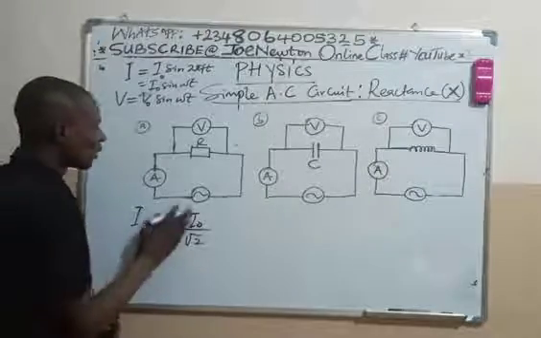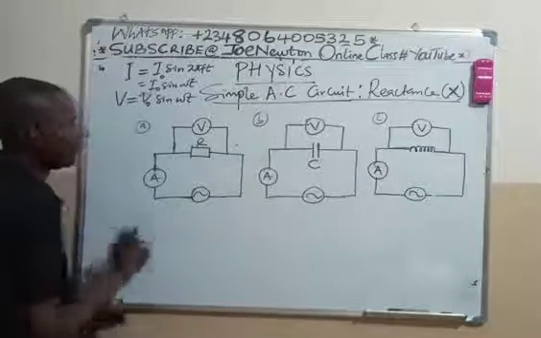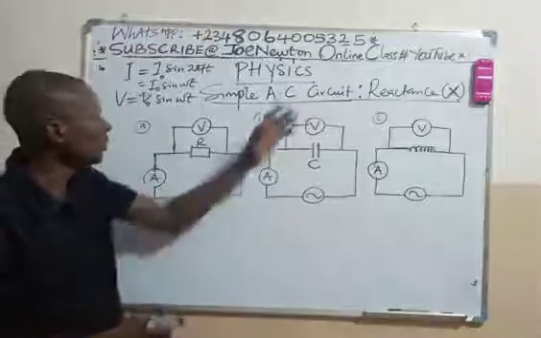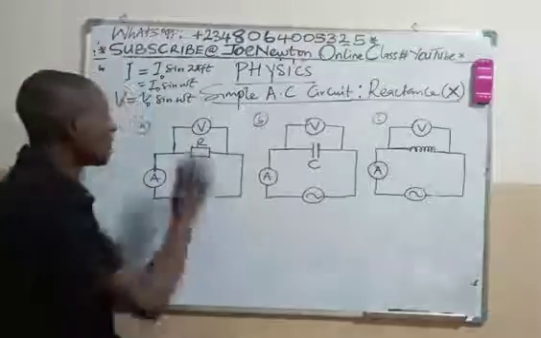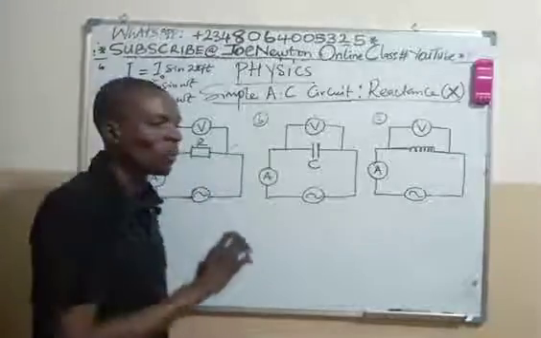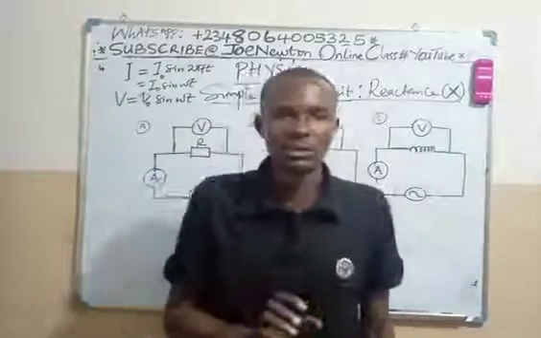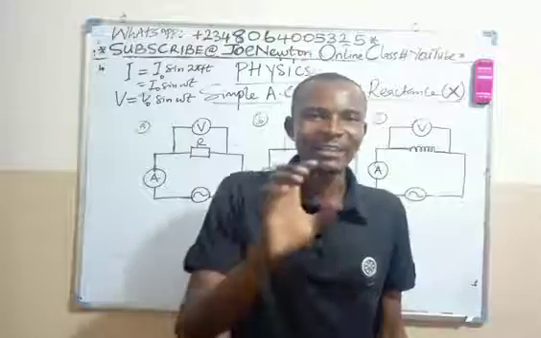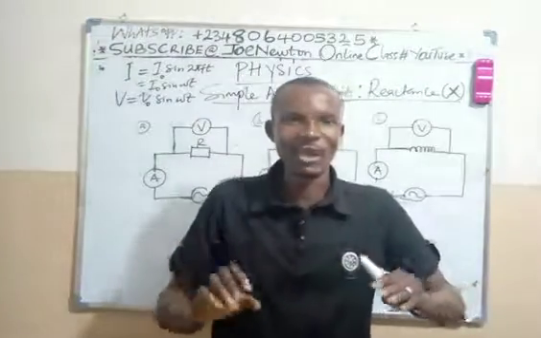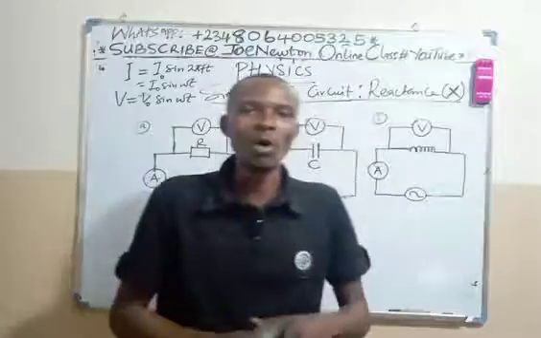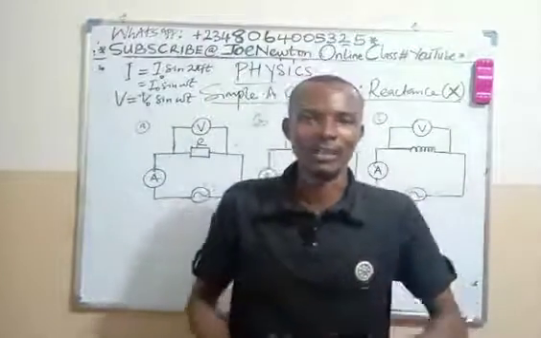Now, let's look at what happens in an AC circuit when we have a resistor in it. What happens to the current and voltage is what we are looking at. In that case, both the current and voltage are said to be in phase. No one is leading and no one is lagging. They are balanced.